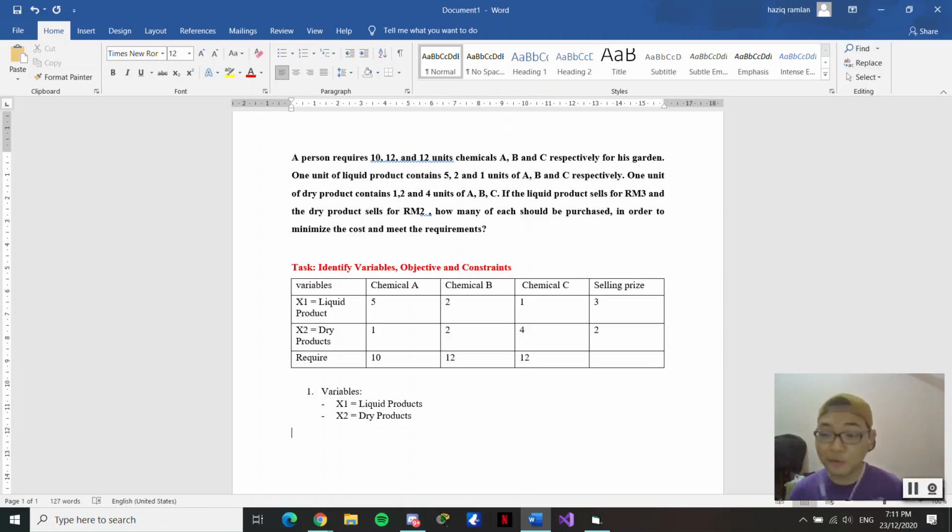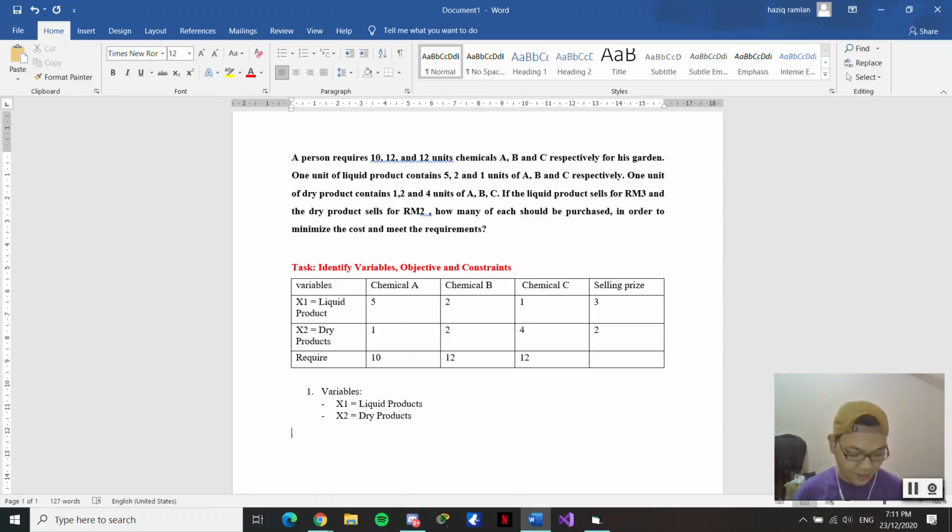If you don't know the objective of a linear programming problem, you can usually find it in the very last sentence of the question. It asks how many of each should be purchased in order to minimize the cost and meet the requirements. So the objective over here is to find the minimum.